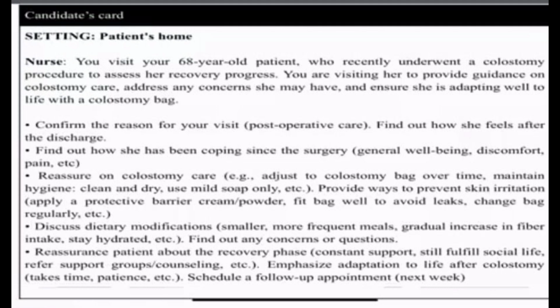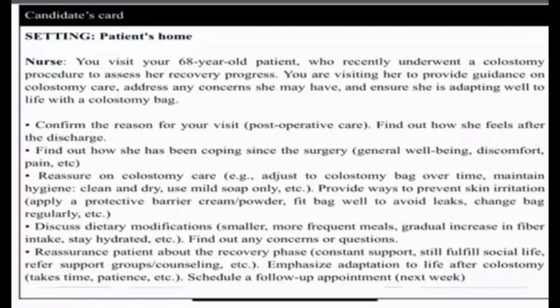Okay, so in this, the patient will ask you some questions about dietary modifications, and these are the concerns which the patient is having. So as a nurse, we have to explain the dietary modification to the patient.